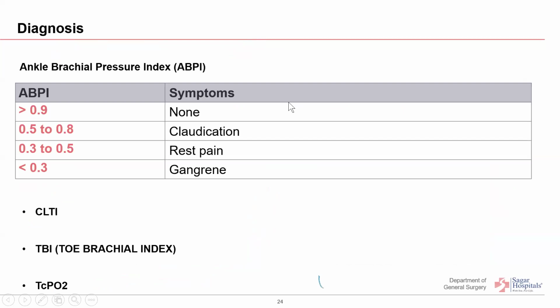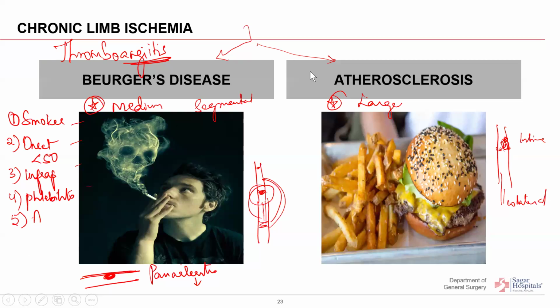Now we will talk something about... Excuse me, sir? How do you differentiate between vasculitis and Burgess disease? Sir, vasculitis will have other systemic manifestations also, sir.